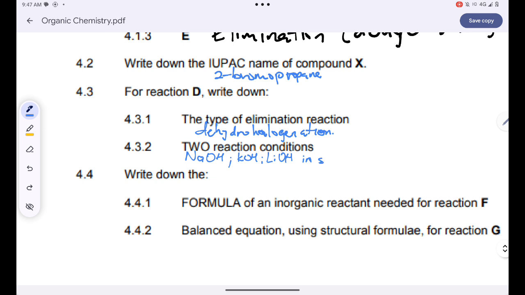They should be inside ethanol. So you need any of the three bases inside ethanol, as well as heat, for the performance of dehydrohalogenation.